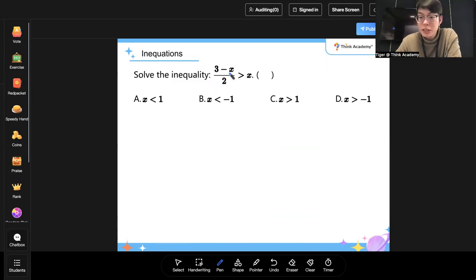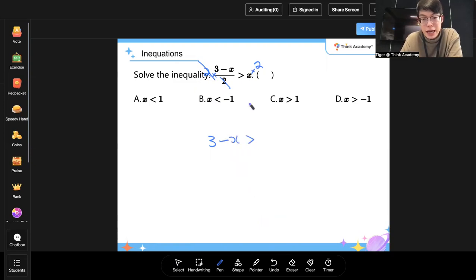So there's only one denominator here, which is 2. I just need to multiply each side by 2, such that on the left-hand side, the 2 in the numerator and the denominator cancels out. So I have 3 take away x on the left-hand side.